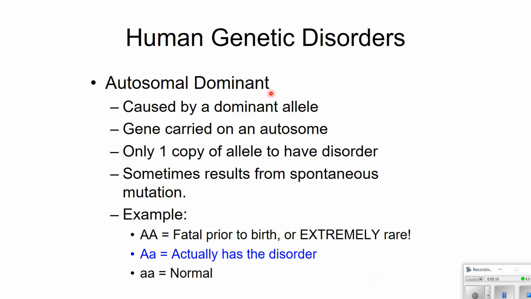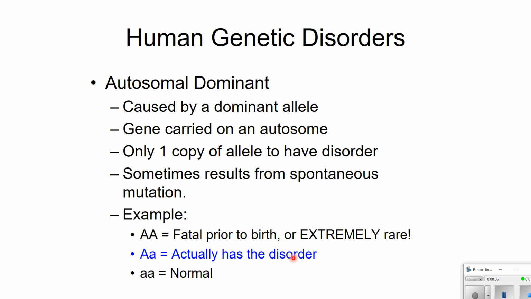I think most people just assume that dominant traits are going to be more common and recessive traits are going to be really, really rare. But sometimes the opposite is true. An allele can be dominant, meaning it only takes one copy of the allele to show the trait, and yet that allele can be extremely rare.